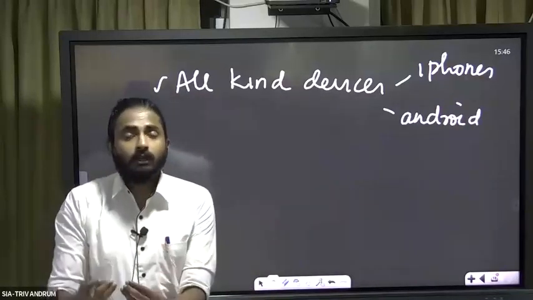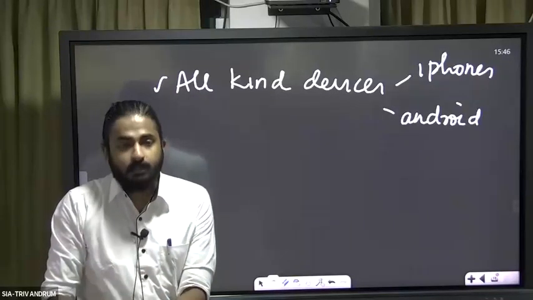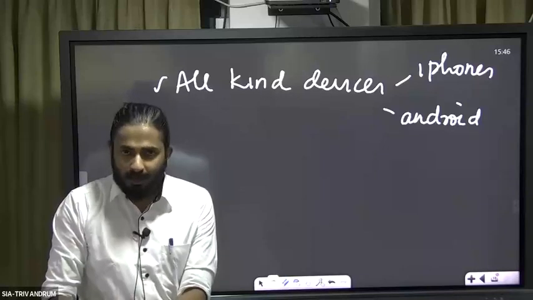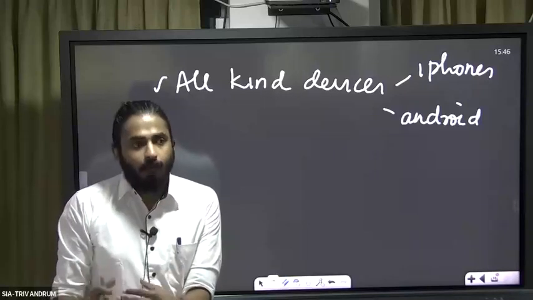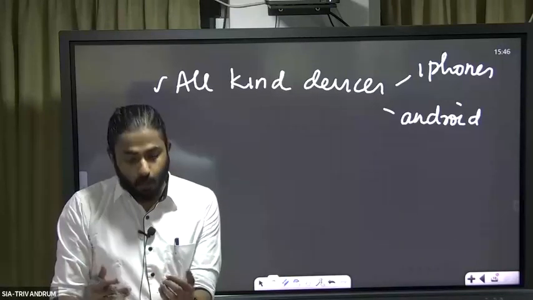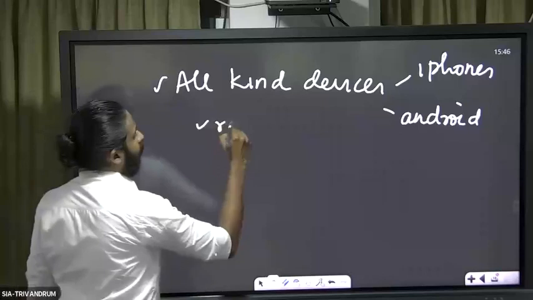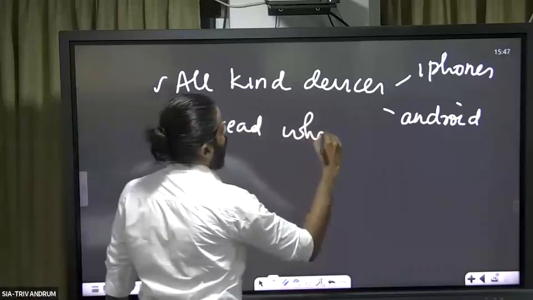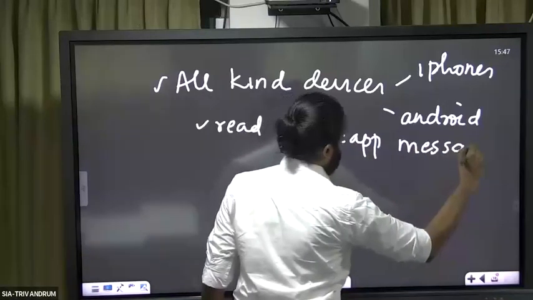And what are the implications of Pegasus? Once Pegasus is installed, it is a spyware. From the name itself, it can be used to spy. Whatever you are doing, it can be used to spy. It can read your WhatsApp messages or SMS.